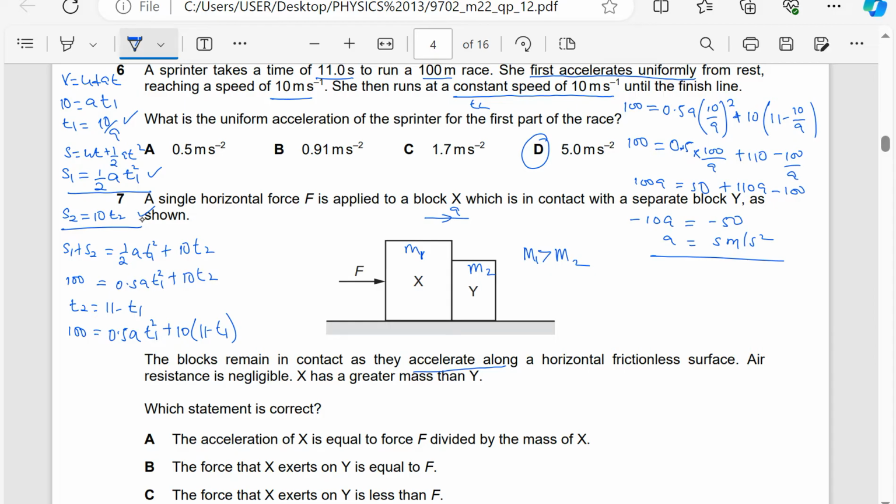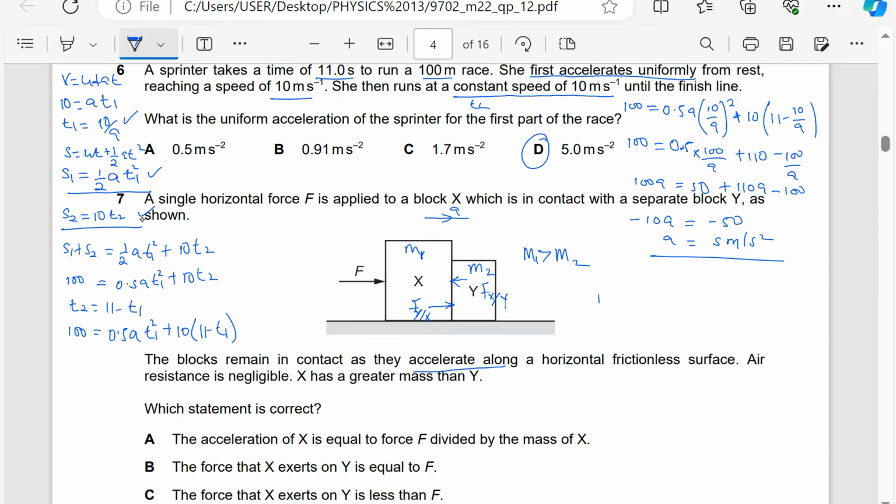At the point of contact here, X exerts a force on Y. I'll call that force Fy due to X. When I say Fy over X, it means F on Y caused by X. Then I'll also say the force on X caused by Y, I'll call it F on X due to Y.